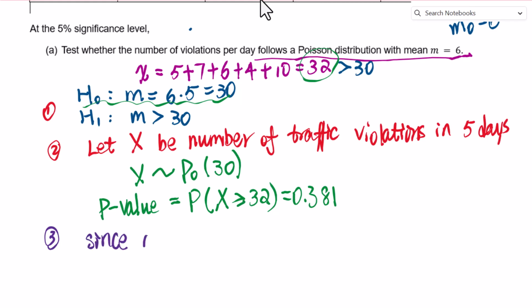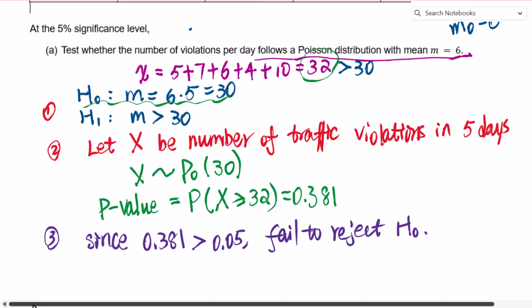Since 0.381 is greater than 0.05, fail to reject H0. Check back which one is our claim. This is our claim.